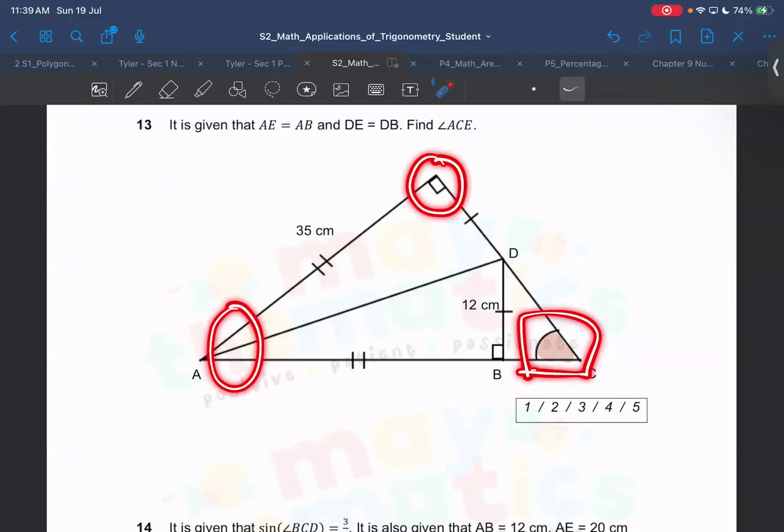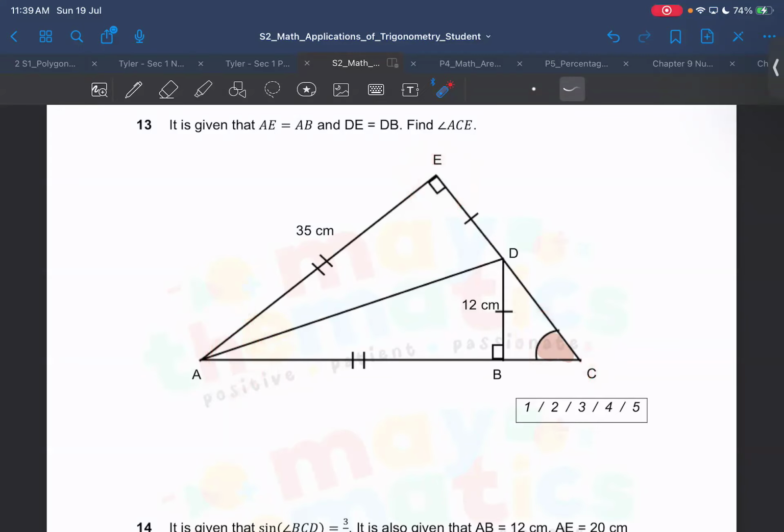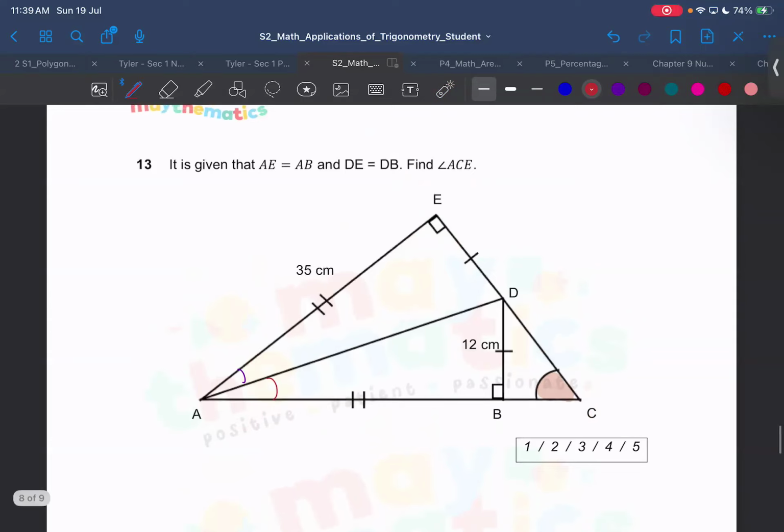I will get what I want. Can see or not? Go and find this angle first. Then find this. DAB. Or you can find this one first, then this one. Because see how much information you have. This is also 35. Because it's equal length. And then this one will be 12 also.